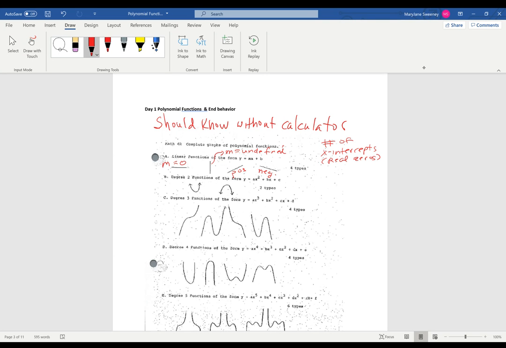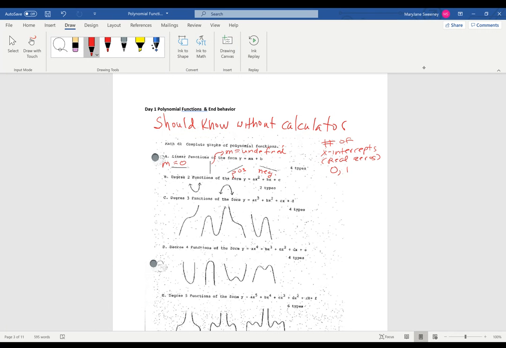So with a line, we know we either have no x-intercepts or 1. So if it's a degree 1, we can have up to 1 x-intercept. It could have no x-intercepts, right? Because a horizontal line could be entirely above or entirely below the x-axis. It could never cross it.